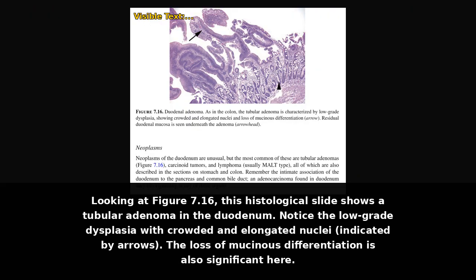Looking at figure 7.16, this histological slide shows a tubular adenoma in the duodenum. Notice the low-grade dysplasia with crowded and elongated nuclei, indicated by arrows. The loss of mucinous differentiation is also significant here.